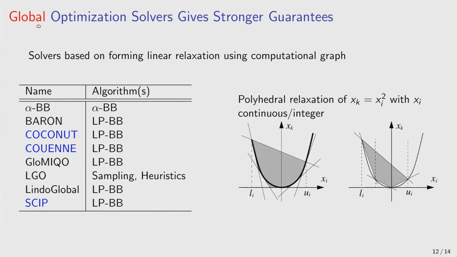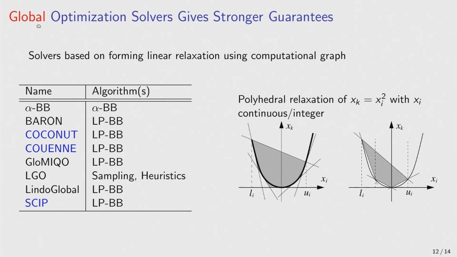Looking forward a little bit, here's a list of mixed integer nonlinear global optimization solvers. Almost all solvers are based on forming linear relaxations using this computational graph. So you take a simple expression such that up there xk is equal to xi squared, and you replace this.